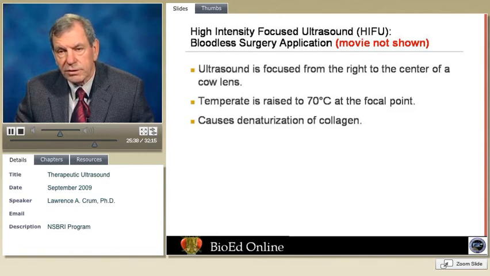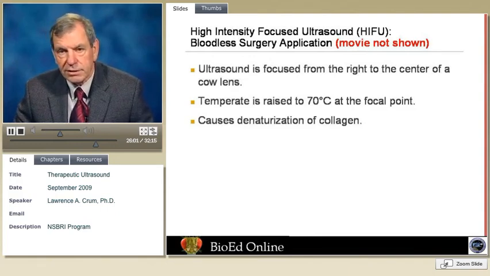So when the green light comes on, I can count 1,000. You see, within perhaps 1 second, the focused ultrasound has elevated the temperature at the center of the focus to approximately 70 degrees, and we've denatured the protein. And in a sense, we have cooked the collagen, like an egg. The same sort of thing.